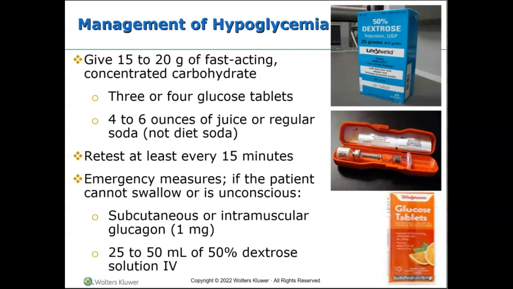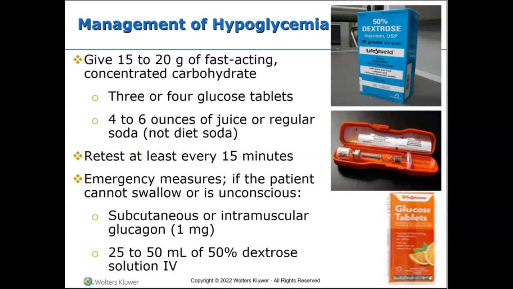And then they want to follow up with protein right after, though, because what happens if they don't, they're going to peak and then they're going to drop again and have another hypoglycemic reaction shortly thereafter in the next couple hours, right? Because again, they're going to peak and then drop. So the way we get them to not drop is to follow up with some protein after, okay?